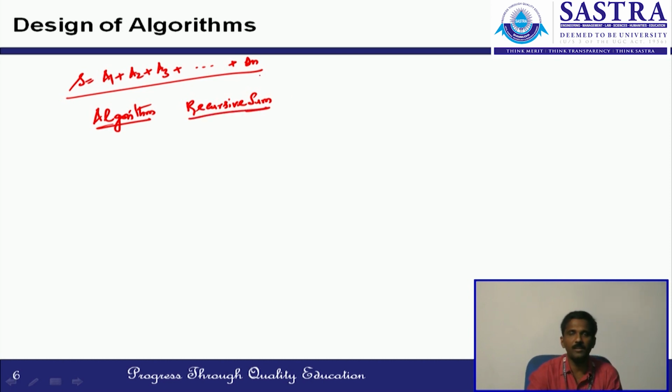Previously we designed the iterative construct algorithm sum A array comma n. What is the explanation of the parameters?